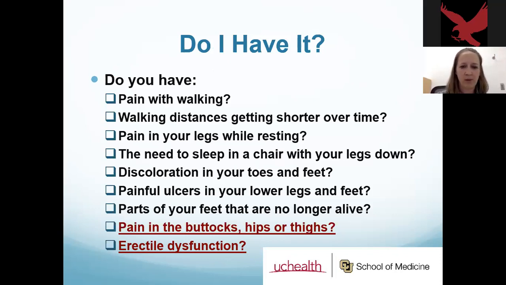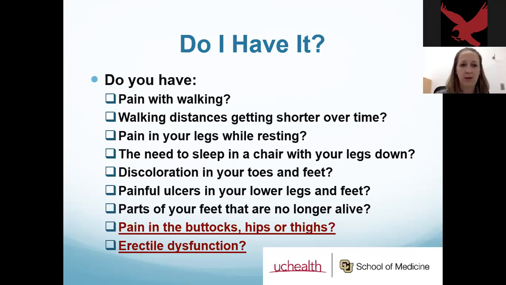Same things people complain of, but the ones that we highlight are at the bottom because the blockage is usually 1 degree higher than the area of your issue. So for instance, if you've got a blockage in the artery of your thigh, you're going to feel cramping in your calf, potentially in your feet as well.